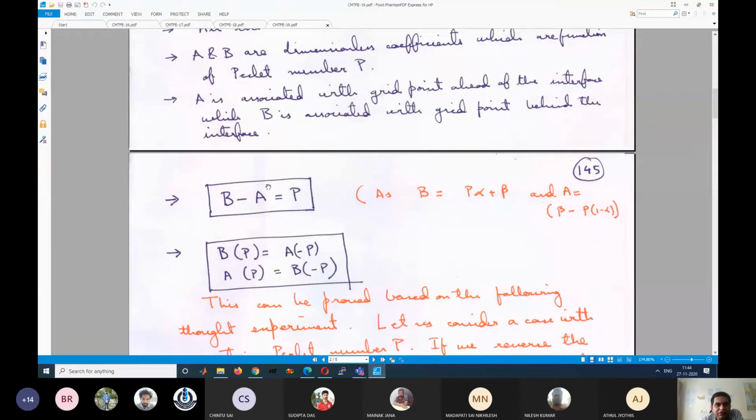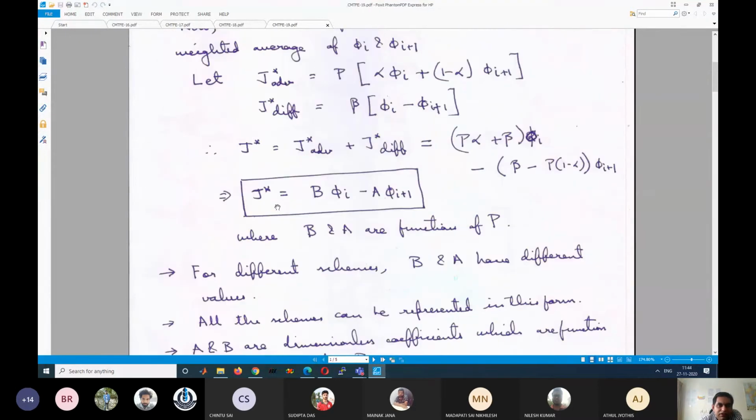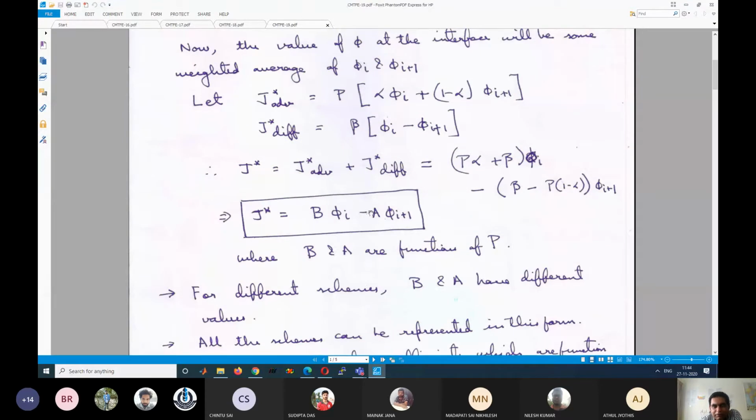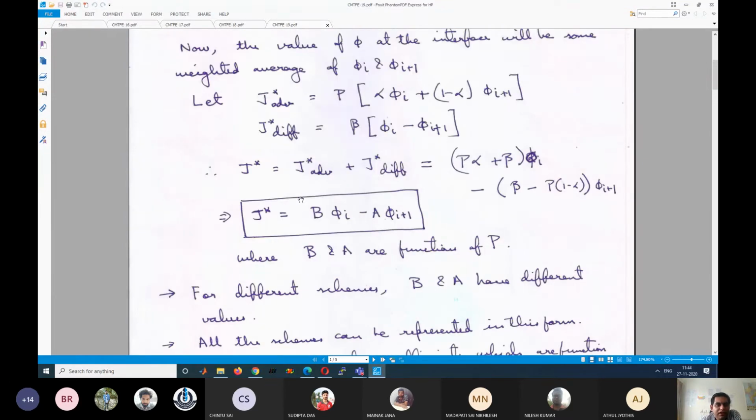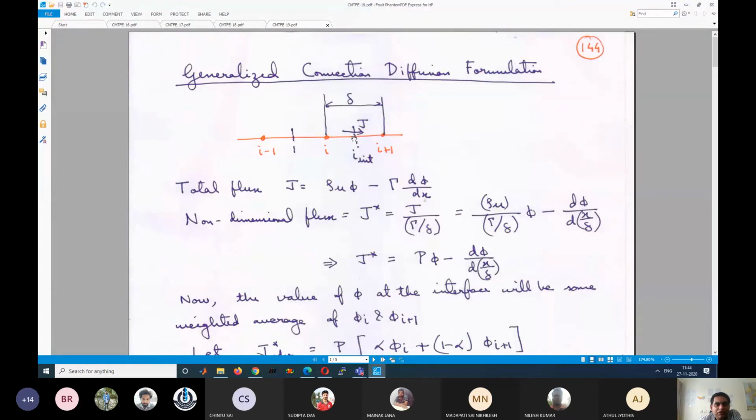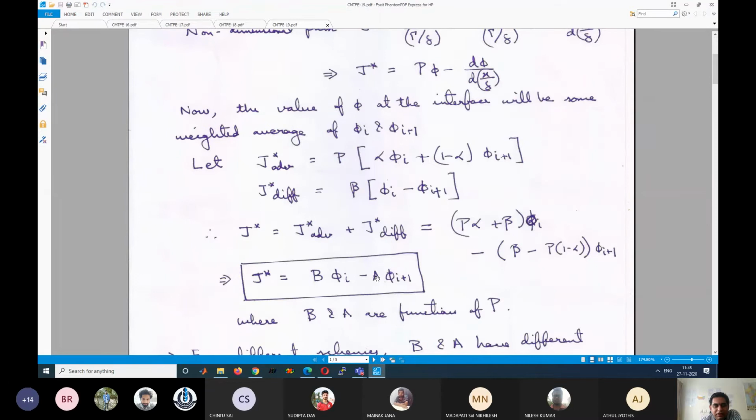Okay. So the crux of this discussion is that if you know the value of A for any scheme, you can always find the value of B directly instead of trying to derive it, because B will be A plus P. Whatever is the Peclet number at the interface, if I know the weightage of this downstream side, meaning the weightage of I plus 1, meaning if I know A, I can find the weightage of the other side.